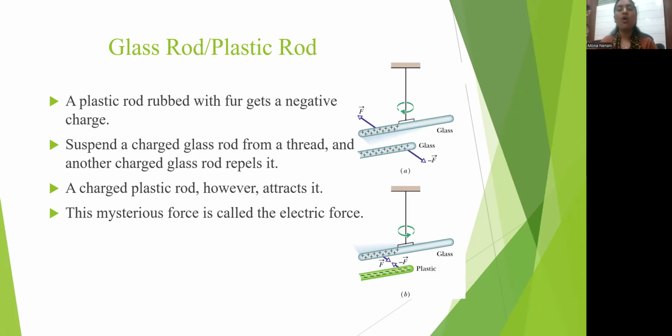In nature, all materials exist in neutral form, meaning every material has an equal number of positive and negative charges. But when we do experiments in which charges transfer, we get charged bodies, and this mysterious force is called electric force.